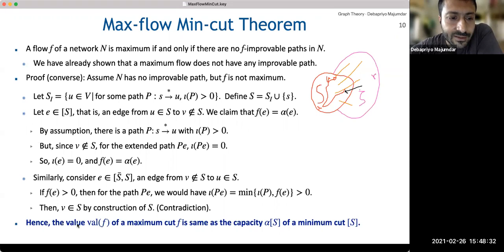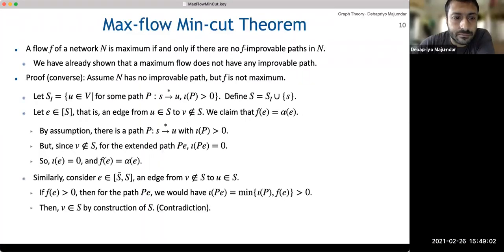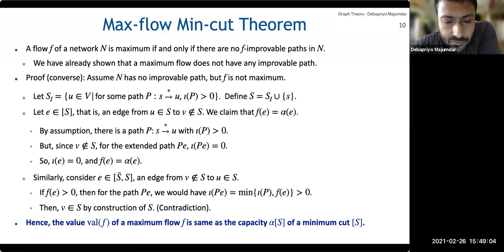So hence, what we have shown is that the value of a maximum flow f is same as the capacity of a minimum cut.